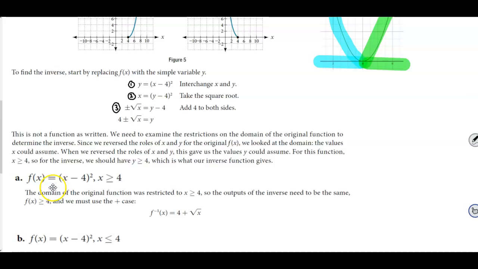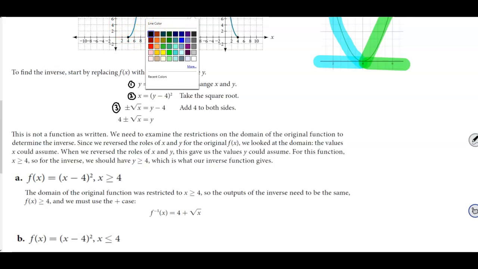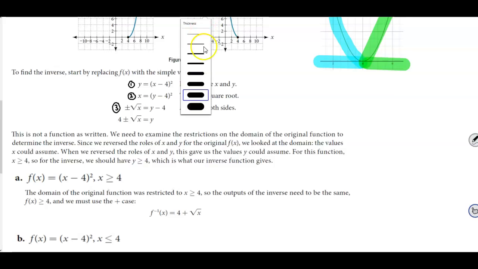So for part A, the function f of x equals x minus 4 squared, where we have the restriction of x greater than or equal to 4, the domain of the original function was restricted to x greater than or equal to 4, so the outputs of the inverse need to be the same.